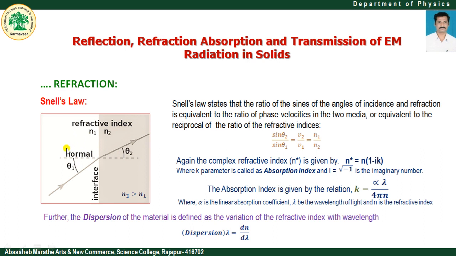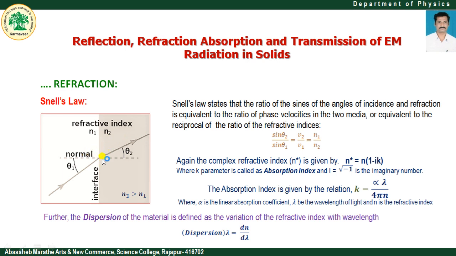So if the photons are traveling in material 1, instead of in vacuum, and then pass into material 2, the velocities of the incident and refracted beams depend on the ratio between their indices of refraction, and also cause a change in the direction of the beam.